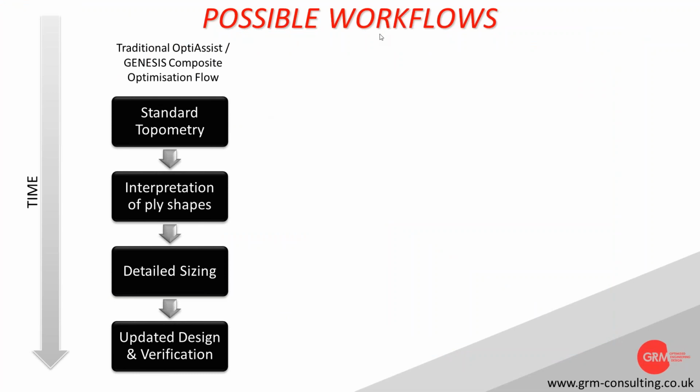And I think in terms of how it fits into the workflow, that depends on what time you have available. So I think we still, in many ways, recommend performing the standard topometry whenever possible. It gives you that freedom of design. You know, if we look at our process, we do that, interpret your ply shapes, do your detailed sizing, and update your design.